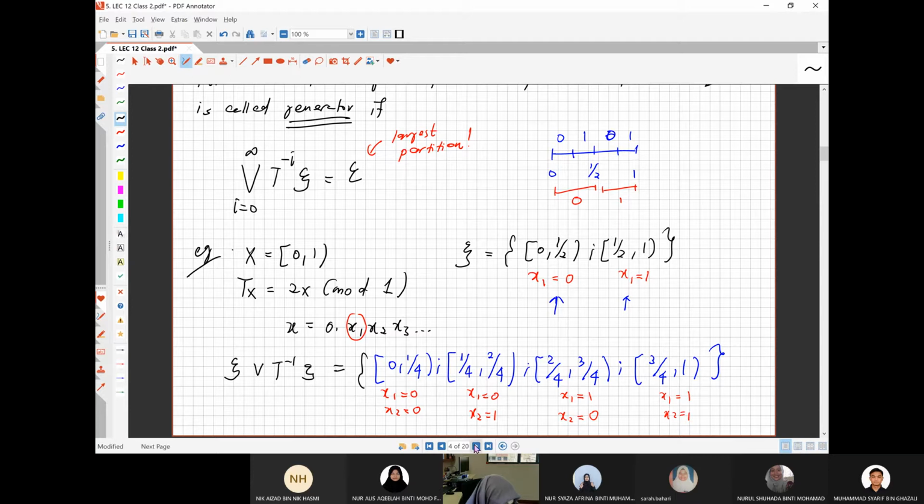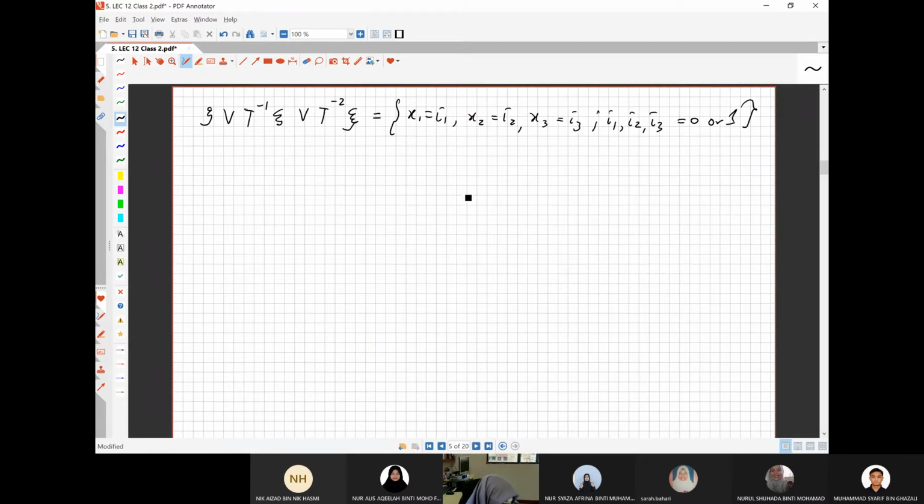If we have 3 partitions, you will have x1 equals to 0, x2 equals to 0, x3 equals to 0. And this i, which is 1, 2, 3 subscript, can run until 0 or 1 only. So how many possibilities do you have? You have 8, because 2 to the power of 3. Actually, if you want to list down, you will have 8.